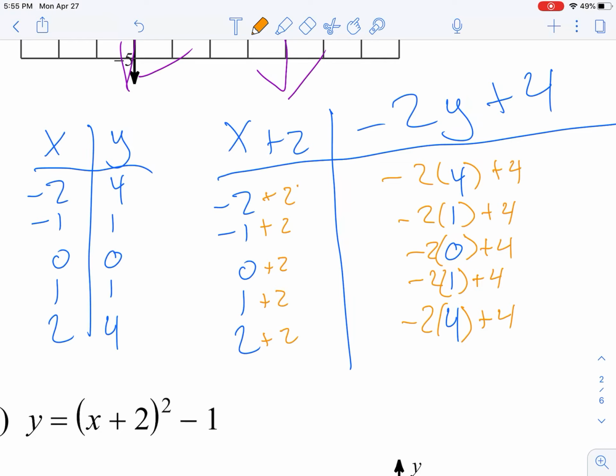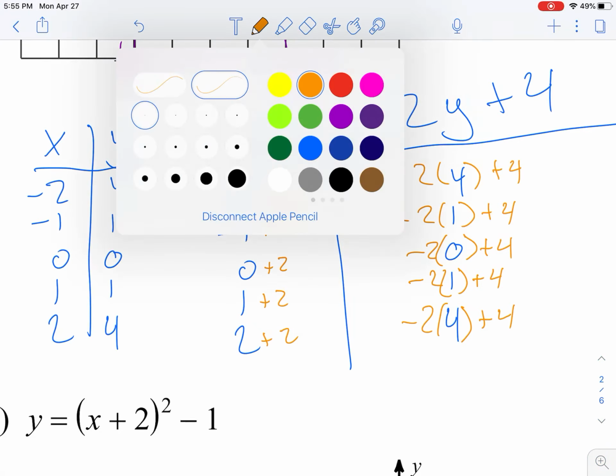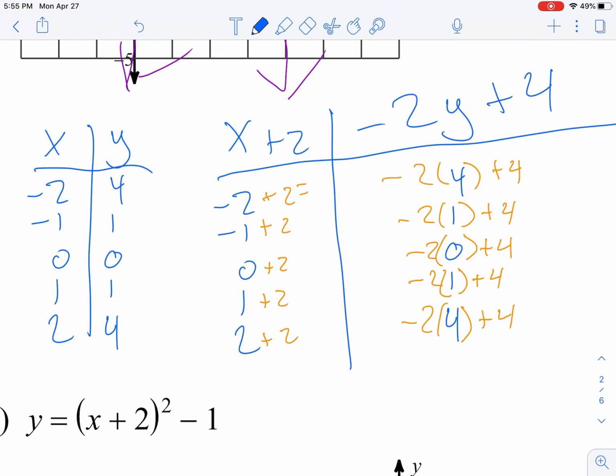Okay, so as I work these out, which I'll do in blue again, that's going to make 0, 1, 2, 3, and 4. As I work these ones out, negative 2 times 4 is negative 8, plus 4 is a negative 4. Negative 2 times 1 is negative 2, plus 4 is 2.